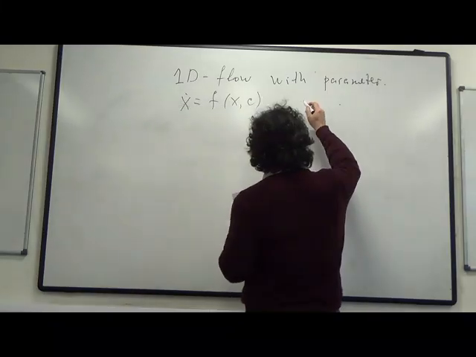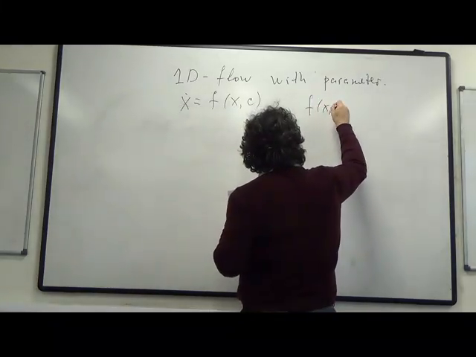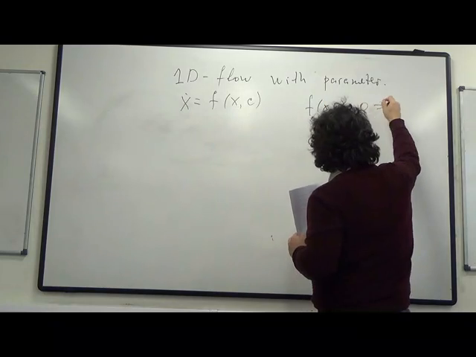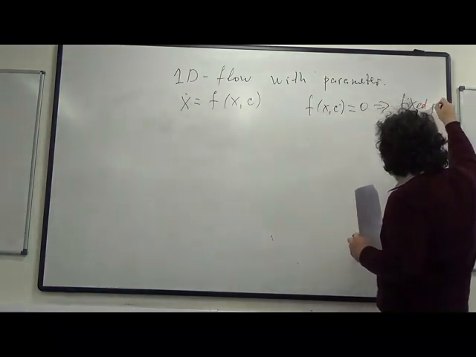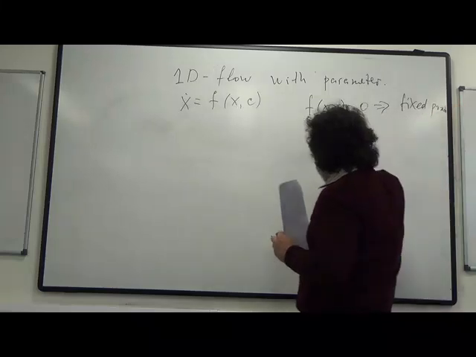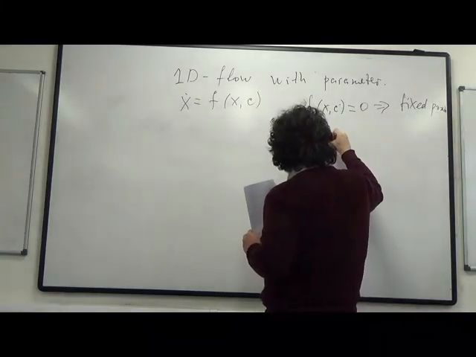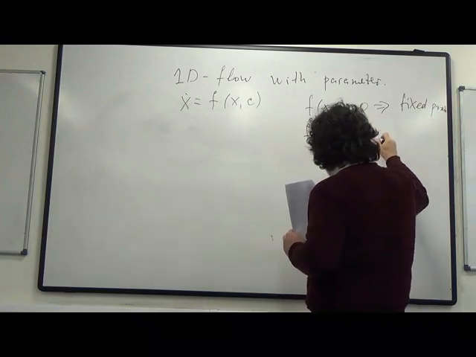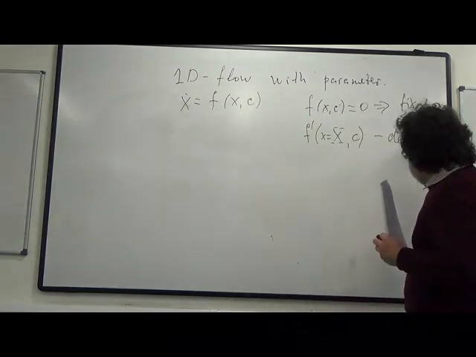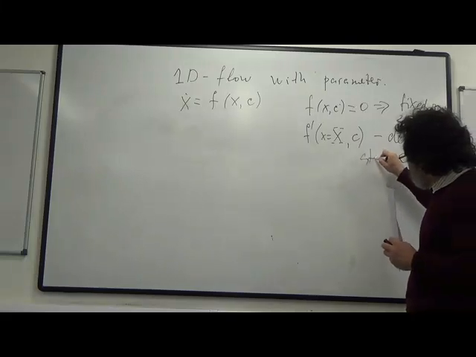So let's put it like this. f of x and c equal to 0 gives fixed points, and the derivative of f when x equals the fixed point defines stability.